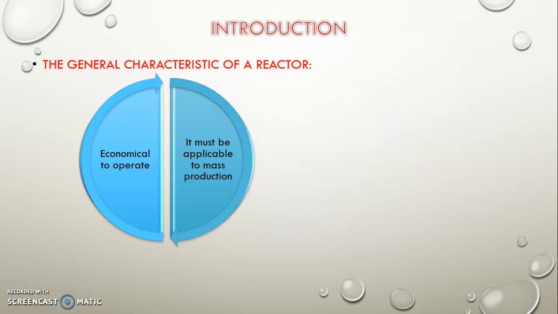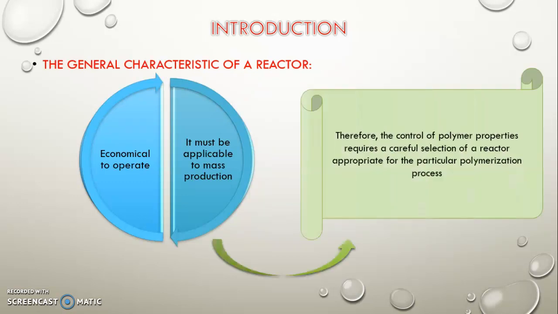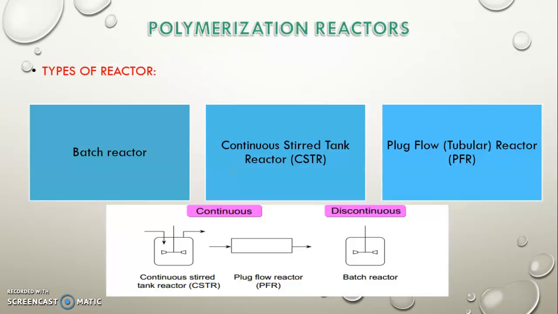The general characteristic of a reactor, it must be economical to operate and it must be applicable to mass production. Therefore, the control of polymer properties requires a careful selection of a reactor appropriate for the particular polymerization process.